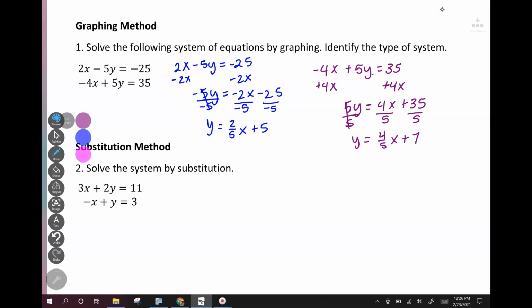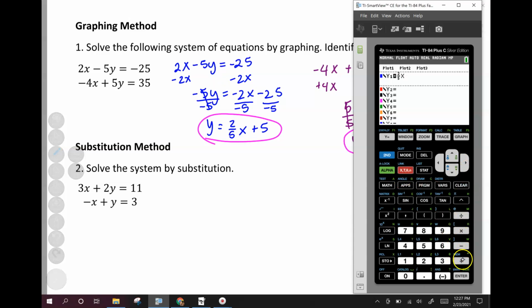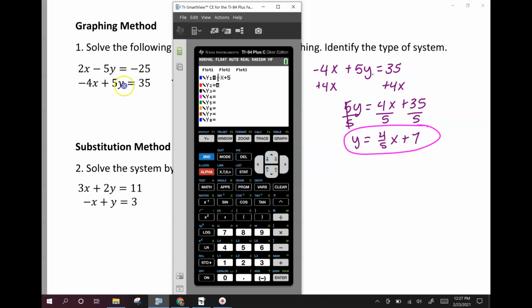All right, so we're going to put these two equations in the calculator. The first is 2/5 x plus 5, and the next one was 4/5 x plus 7. Let's look at our graph.